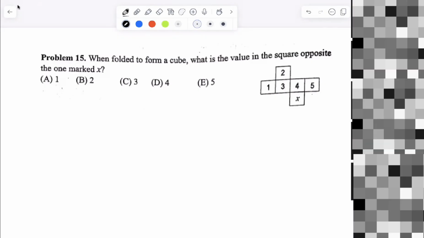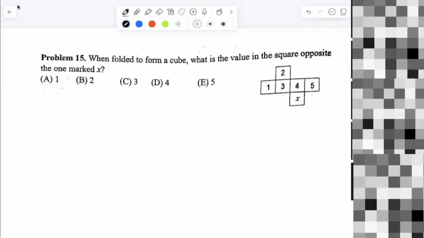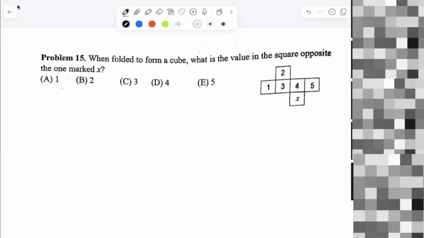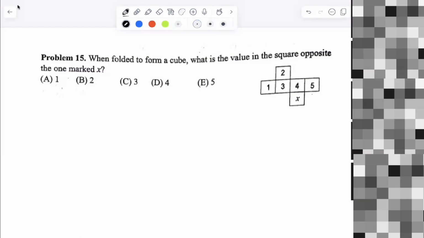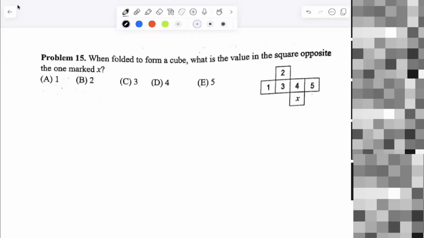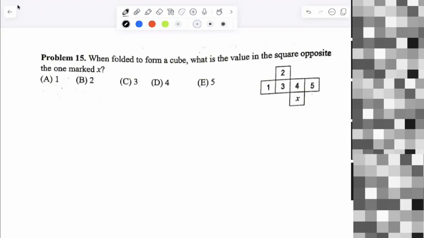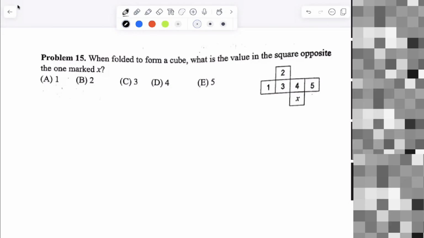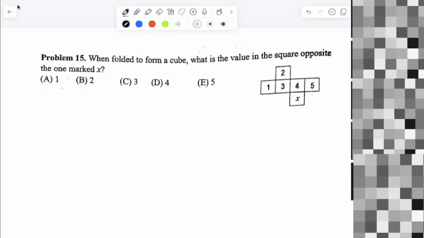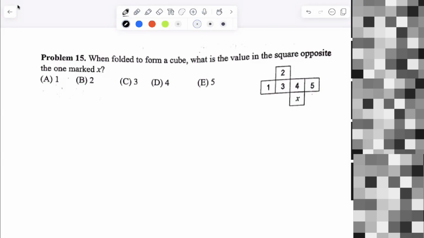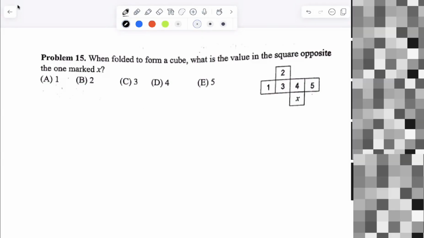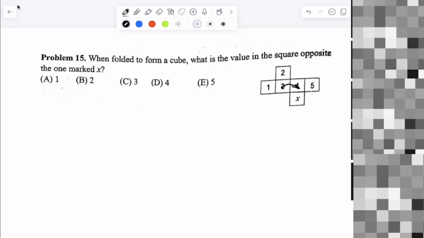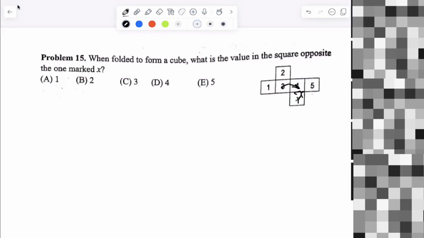All right, let's get started with this question. So obviously, as we talked about last class, there are two ways to approach this. One is to make an actual cube with the exact same layout. You can cut it out from paper, fold it, and make a cube, or you can just imagine it yourself. If we imagine it, notice that we can flip 3 and x like this.